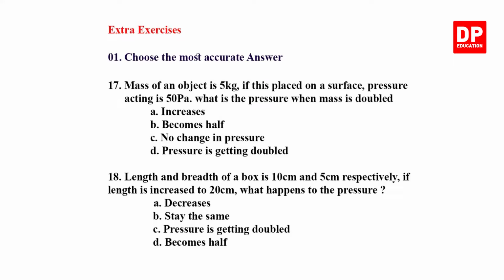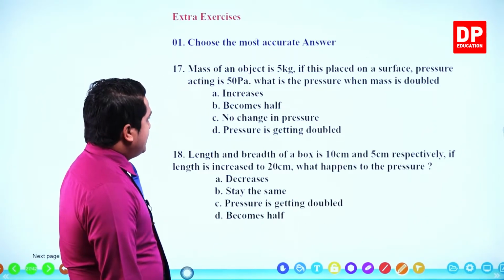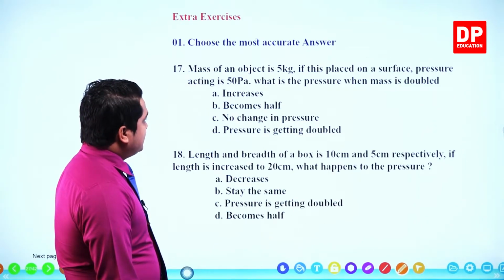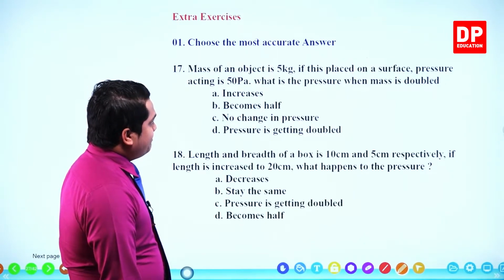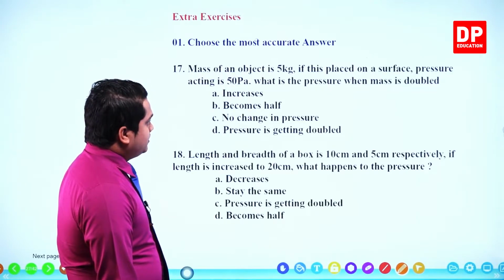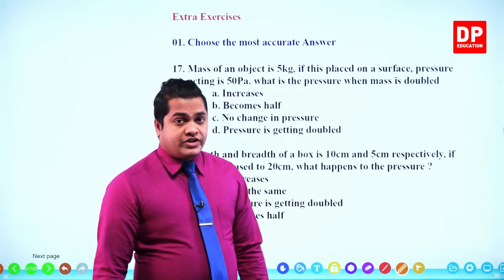Mass of an object is 5 kg. If this is placed on a surface, the pressure acting is 50 pascal. What is the pressure when the mass is doubled? A good question, my dear children.